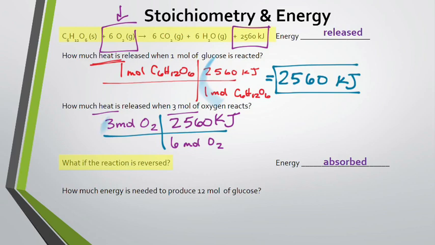And here you can see that 3 over 6 is 1/2, essentially 1 over 2. So we are doing 1/2 times the 2,560 number, which is 1,280. And if you do 3 times that number divided by 6, you'll get the same answer.